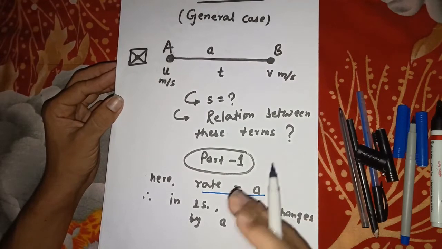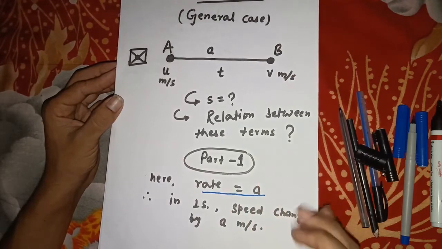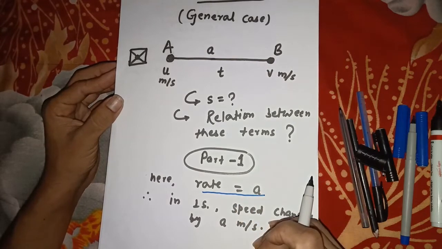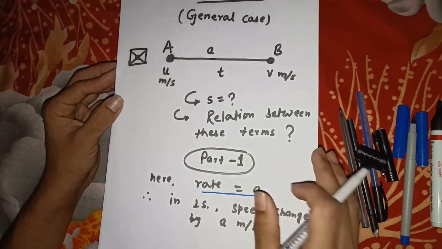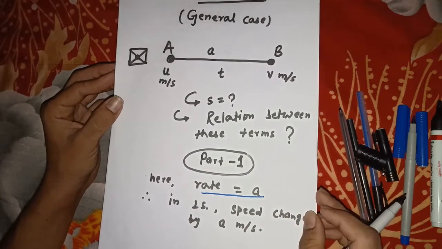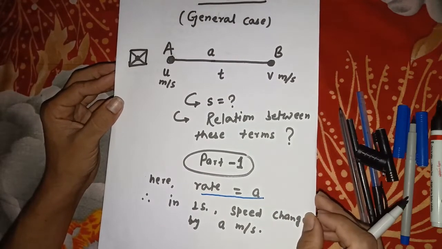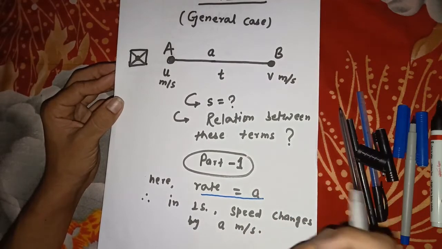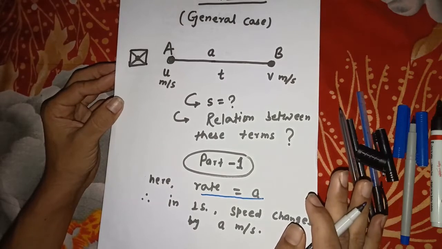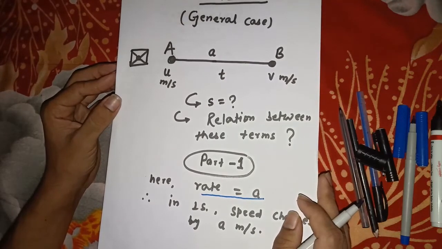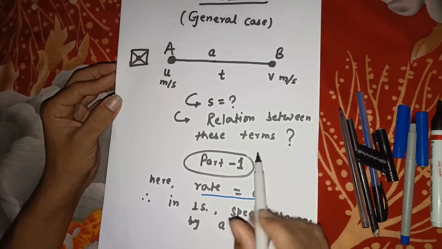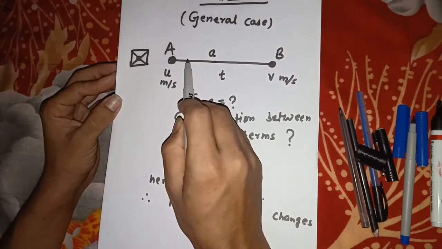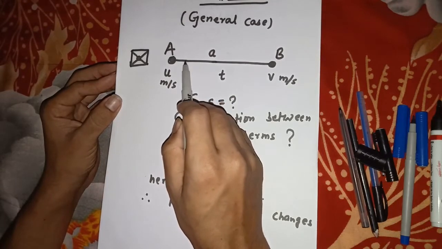It gives the idea that in 1 second, velocity changes by a meter per second, which I have already told you in the previous lecture. So in 1 second, speed or velocity changes by a meter per second. That's why after 1 second, the velocity of the body would be u plus a.